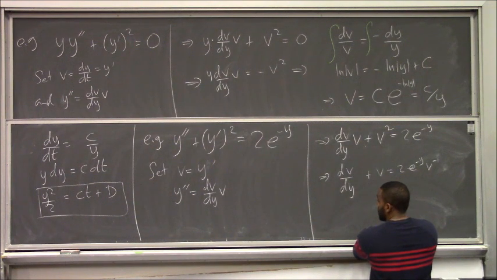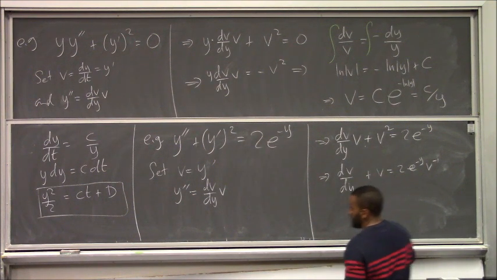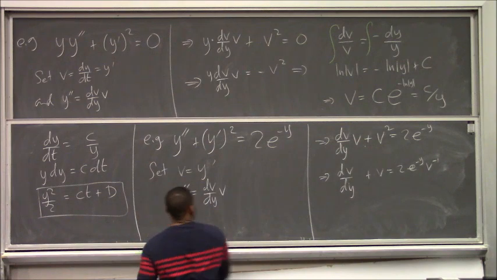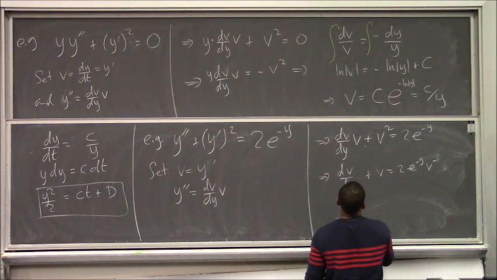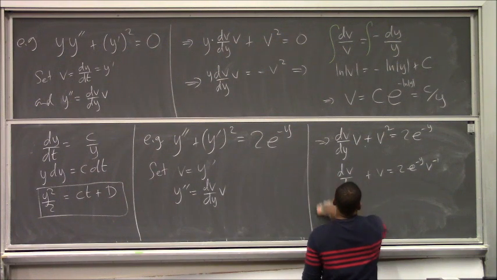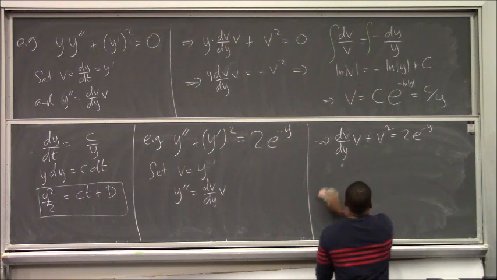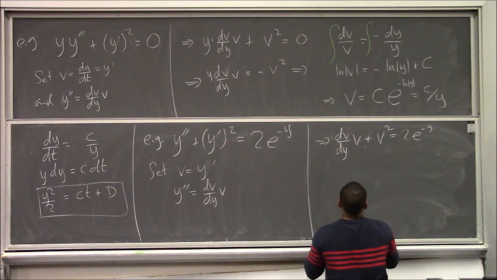If we want it to look like a Bernoulli, you would multiply by, say, e to the y. But then you have a function in front of the differential. The Bernoulli form doesn't have anything in front of the differential.